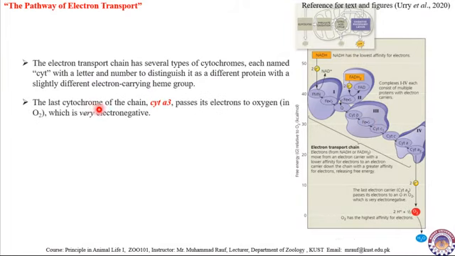The last cytochrome of the chain, CYT A3, passes its electrons to oxygen in O2, which is very electronegative. I hope you remember electronegativity, which is the ability of an atom to attract a pair of electrons towards itself. So oxygen has high electronegativity, and it readily accepts a pair of electrons.